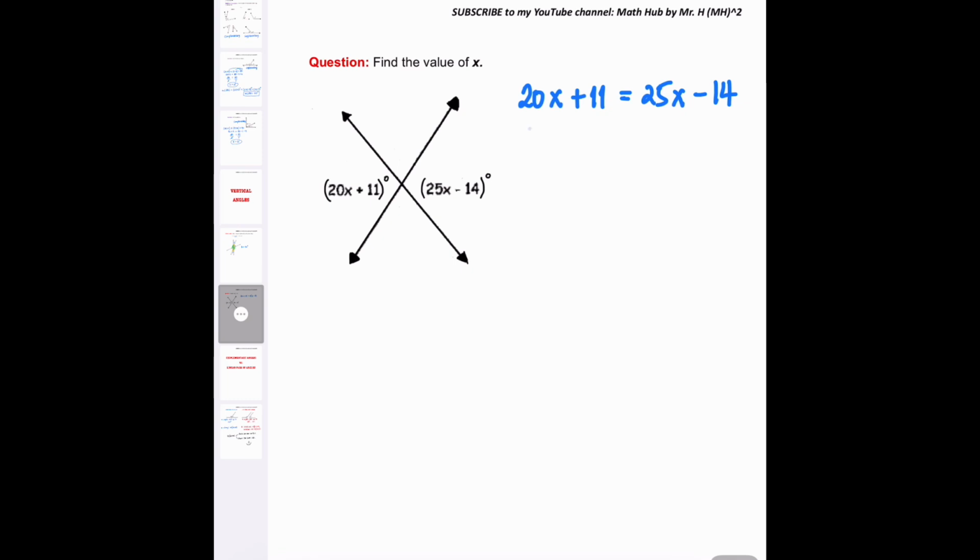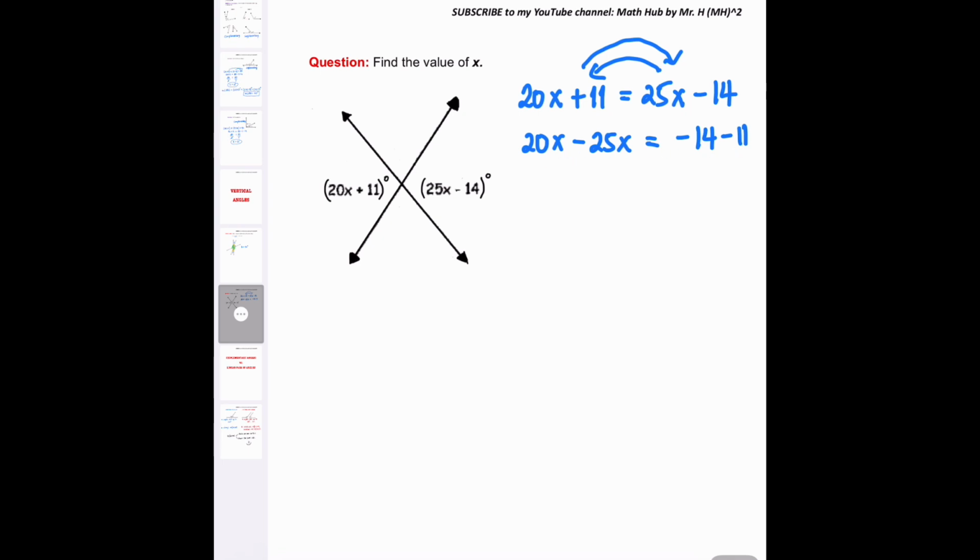We'll have 20x, and 25x jumps over to the left and becomes negative 25x. Negative 14 stays on the right, but positive 11 jumps over and becomes negative 11. Then we simplify each side.